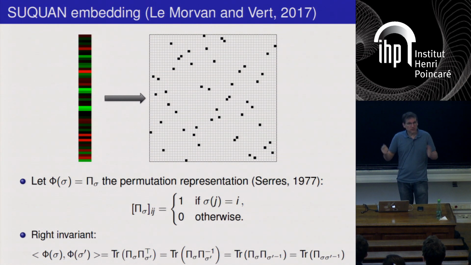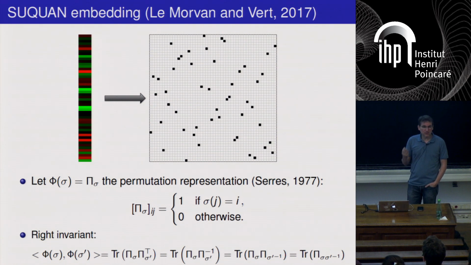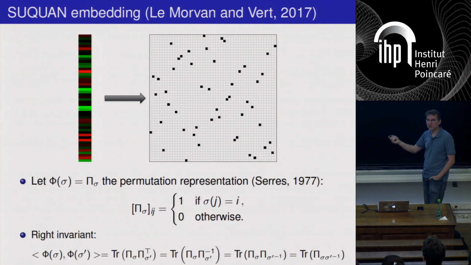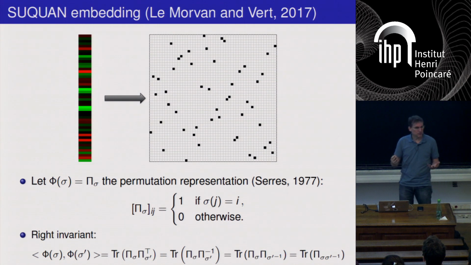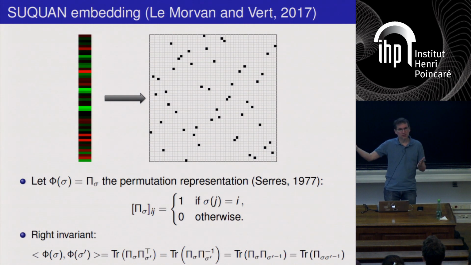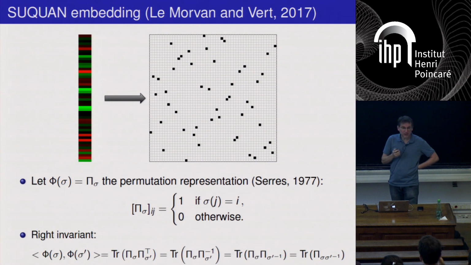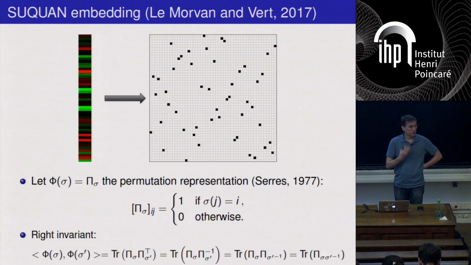I will explain why it could be interesting, but notice that this one is indeed right invariant. I'll leave it to you to do the math. It's very easy to show that if you multiply on the right two such matrices by a given other matrix, then the effect of the pi will disappear in the inner product. So that's one example of a right invariant representation of your permutation.